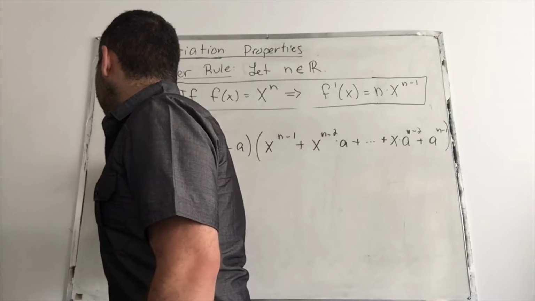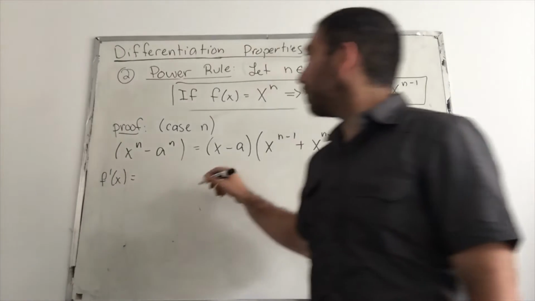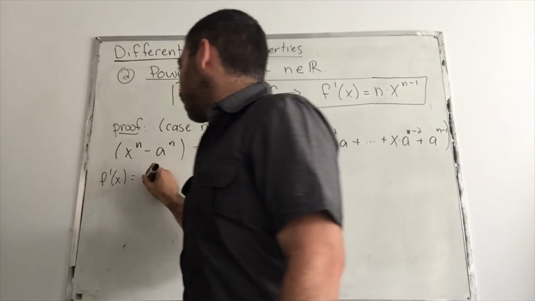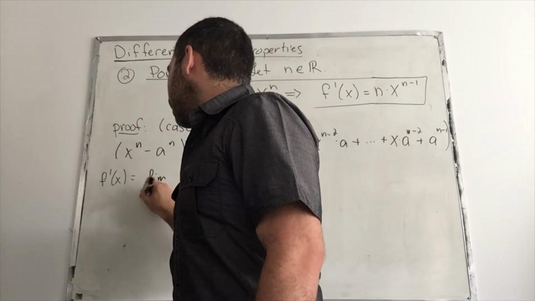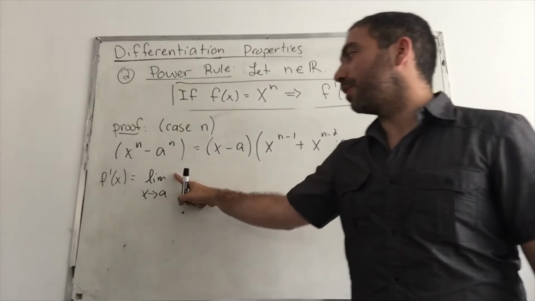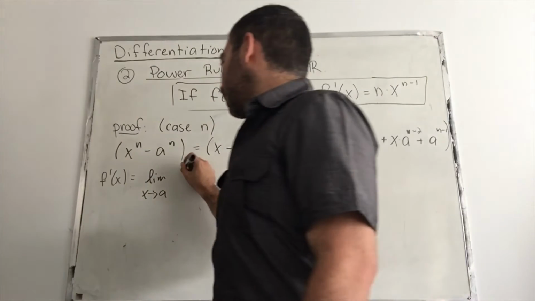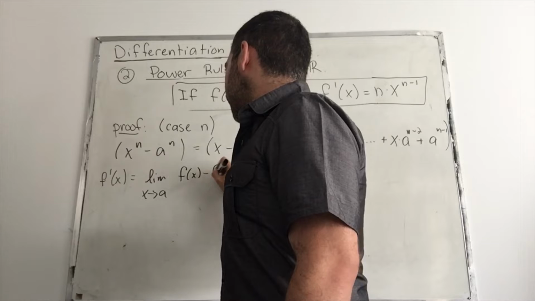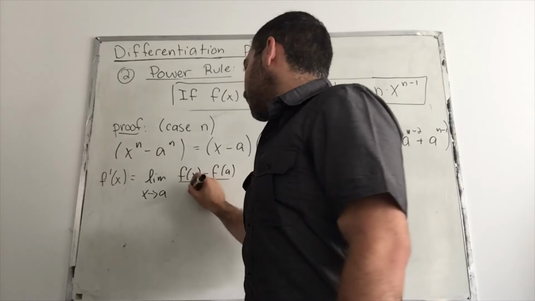We're starting off with the derivative f prime of x, and what we get is the limit definition. We're going to use the secondary limit definition. So not as h goes to 0, we're going to use the limit as x goes to a of f of x minus f of a over x minus a.